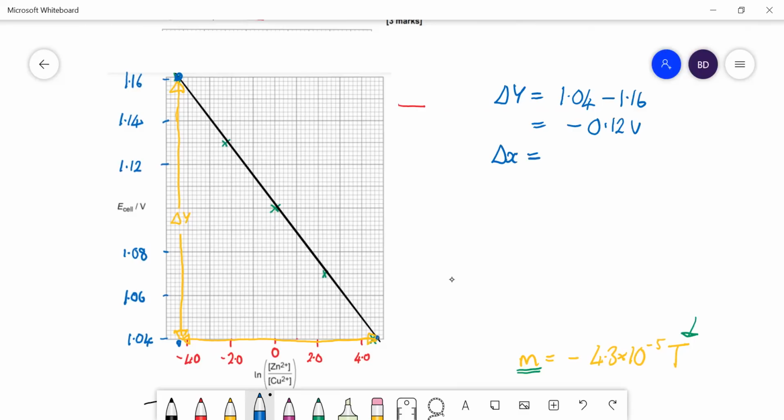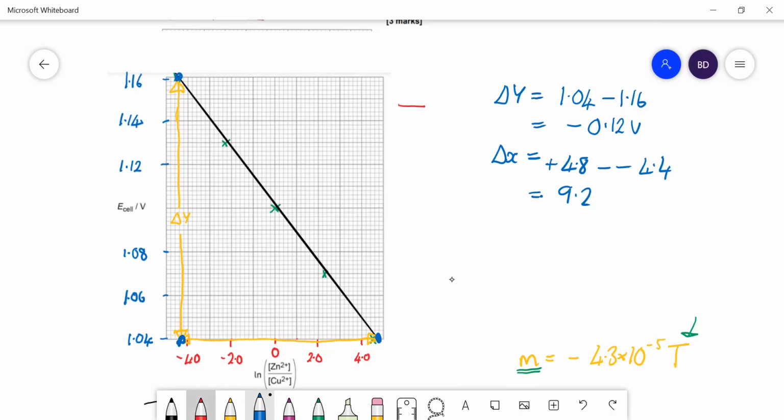Right, so I'm going from there, which is 4.8, to there, which is 4.4, so that's 4.8 minus 4.4, which is equal to 9.2.